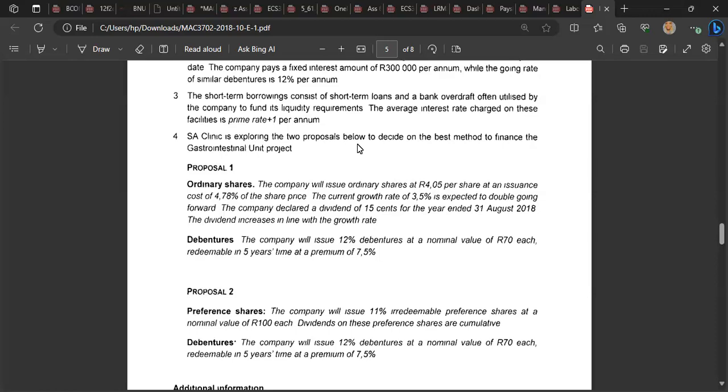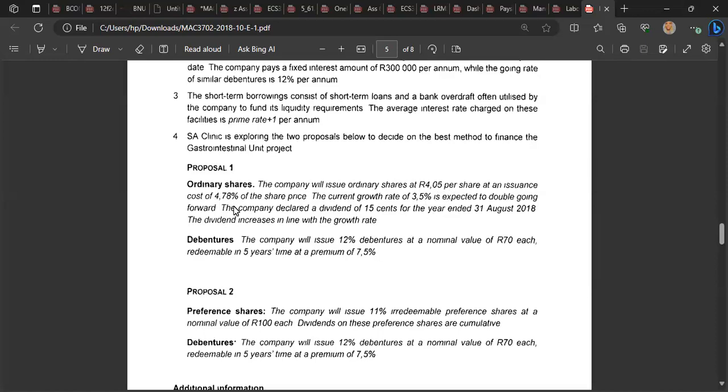So proposal number 1 for the financing is the issuing of ordinary shares, and the value of a share is given there as 4 rand 5 cents, and then the issuance cost of course 4.78% per share. And then we're also given the current growth rate of 3.5, and it's expected to double going forward.